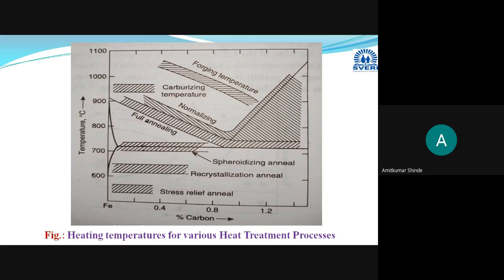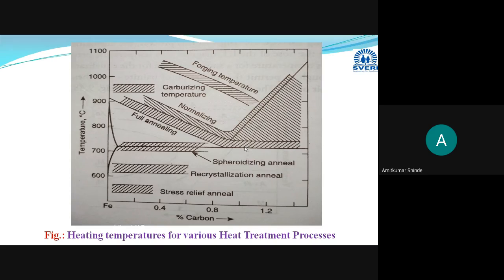And after sufficient holding or soaking time, the third cycle is the cooling cycle. In this temperature zone we have heated above A3 and A1 by 50 degrees Celsius, and some soaking time is provided so that the steel component gets austenized. Austenized means austenite phase will be there, and throughout the component equal temperature should be there.